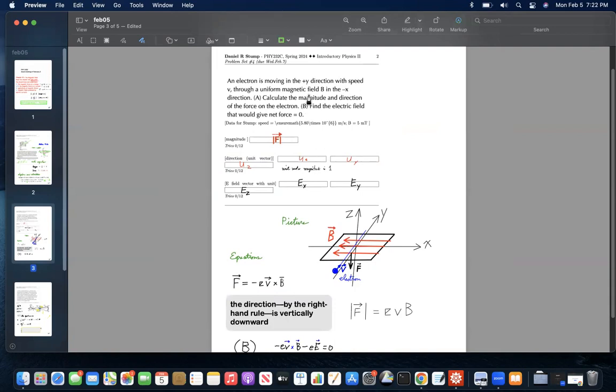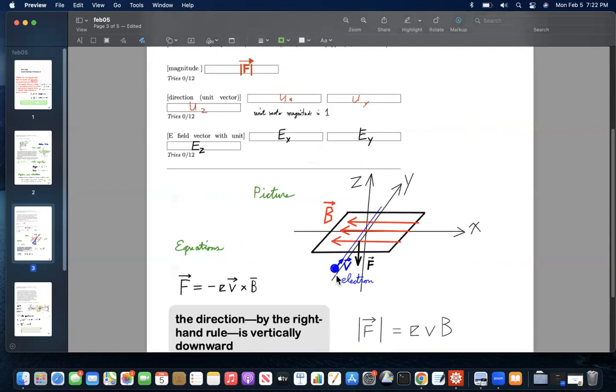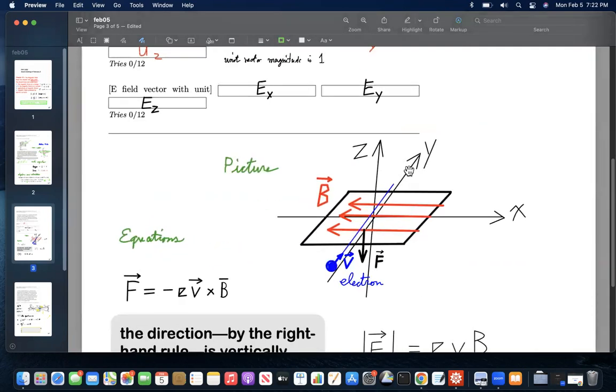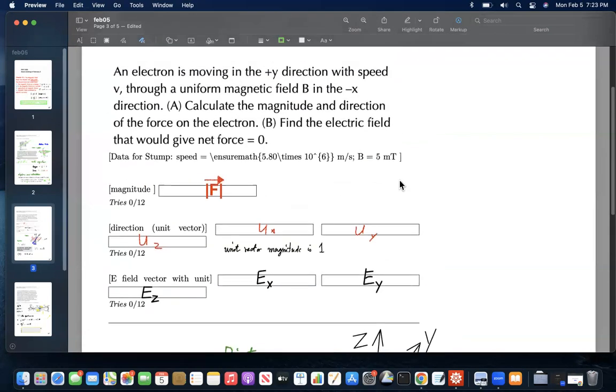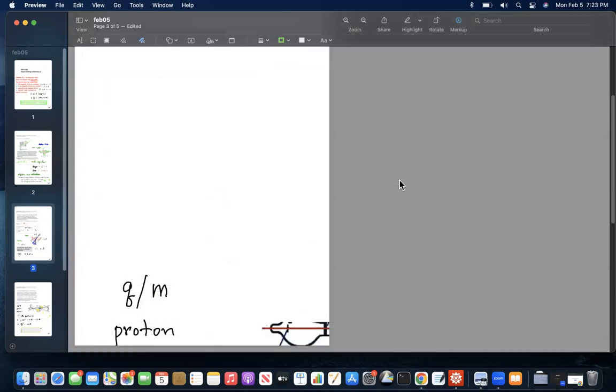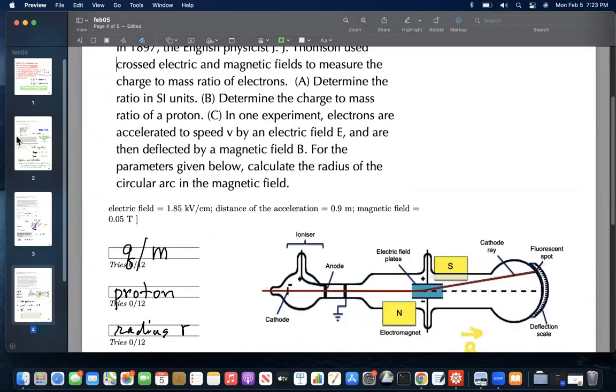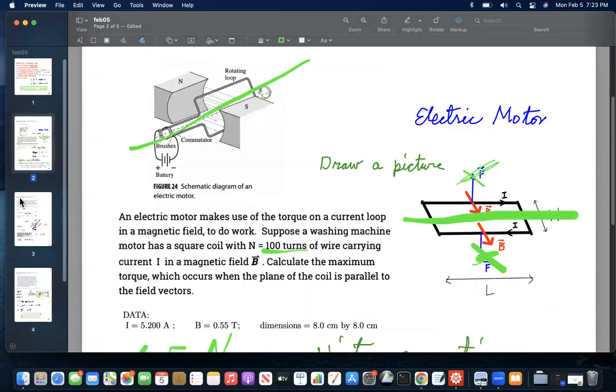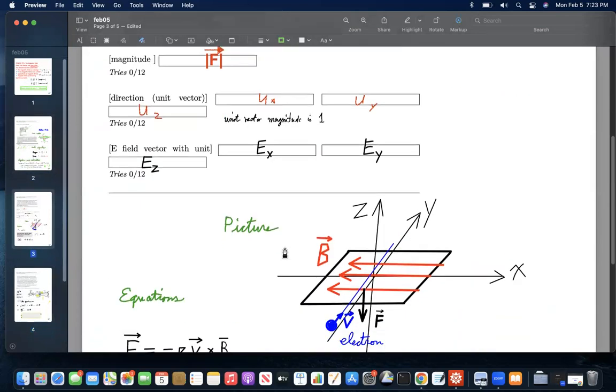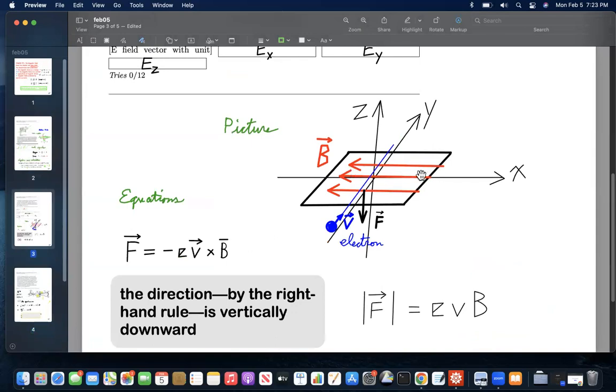The velocity is in the Y direction. So here's the electron and its velocity is in the Y direction. So its velocity is this way. There's a magnetic field in the minus X direction. So here's the magnetic field in the negative X direction.